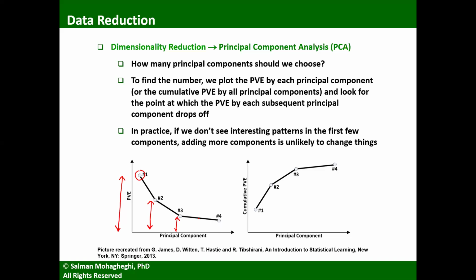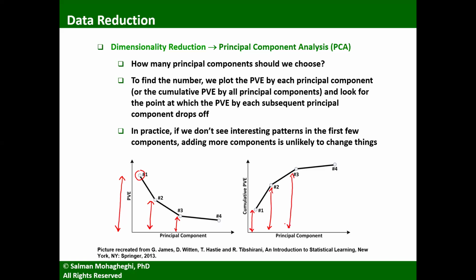A better way to look at it would be to plot the cumulative PVE, or proportion of variance explained. Notice that if I include principal component one, I can explain this much of variance in the data set. One and two together explain this much. One, two, three together explain this much.